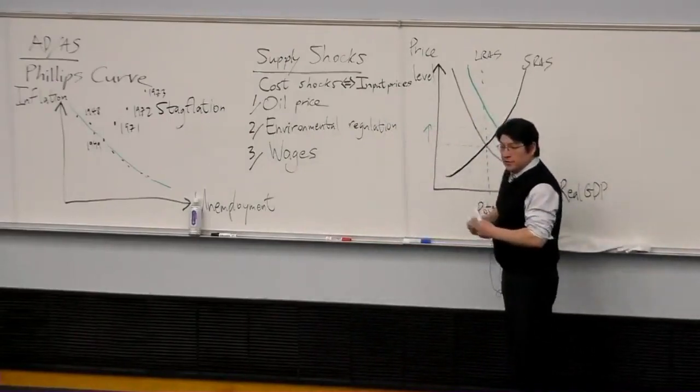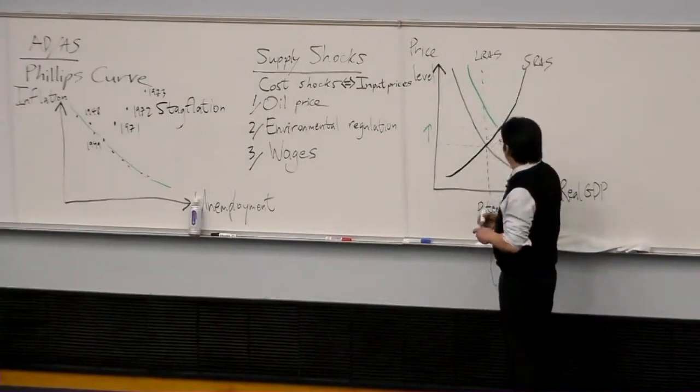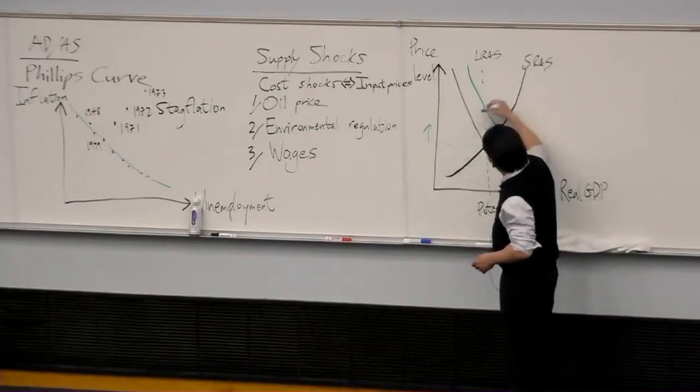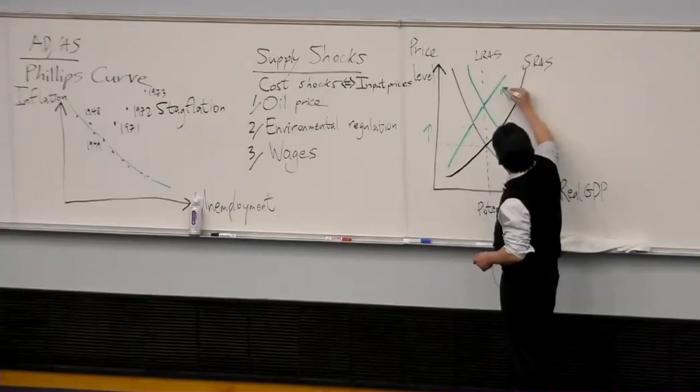Sooner or later, the wages are going to catch up with the other prices, and when the wages start to rise, what does that do? It moves the supply curve. It's the self-correcting mechanism.